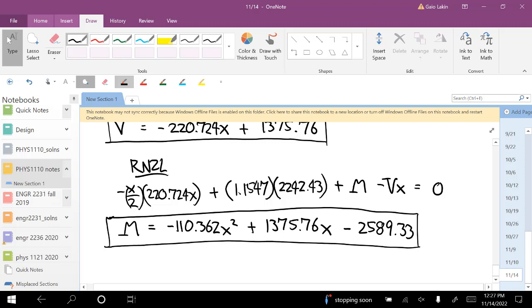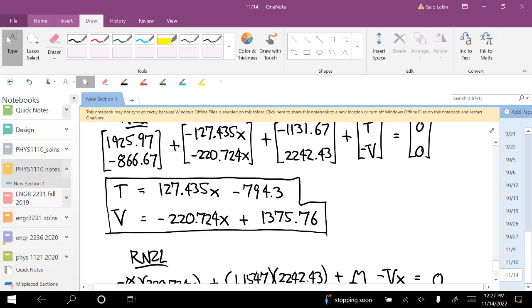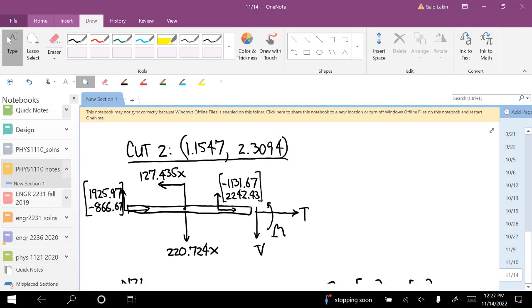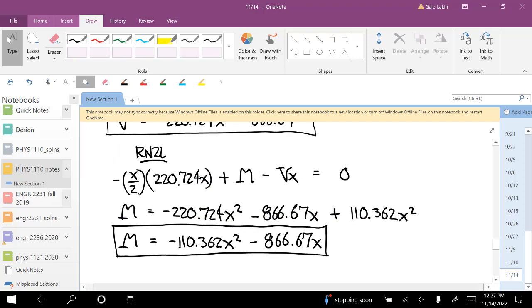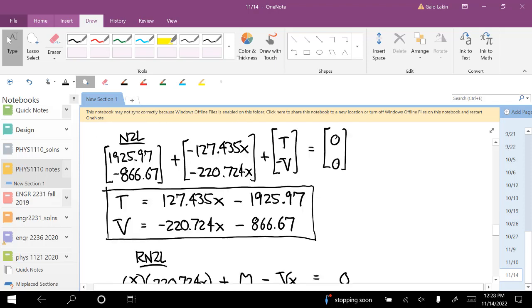And again, let's do the checks. dM/dx is equal to V, so that works. Negative dV/dx is 220.74, which is the downward distributed load. If I go back to this, it's the downward distributed load. So that one works. At the right endpoint, we should have non-zero T and V values, but a 0 M value.